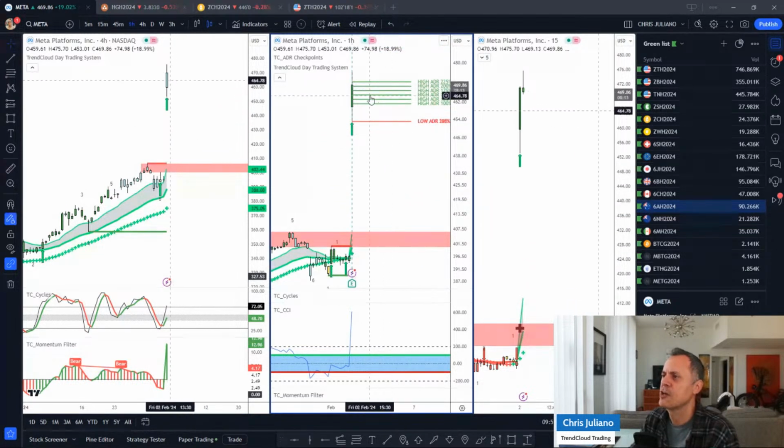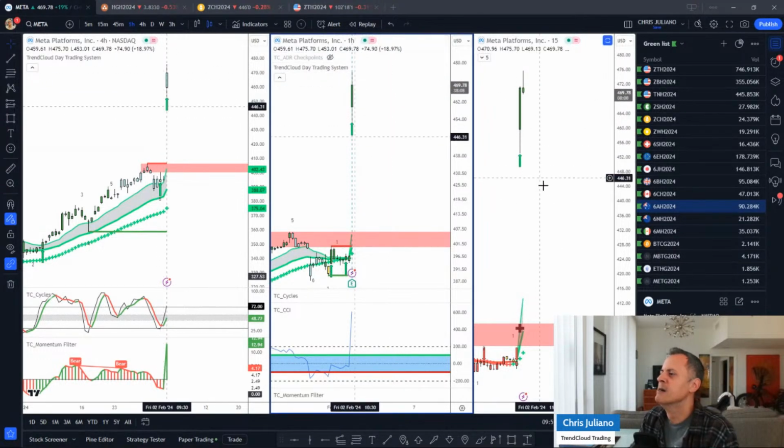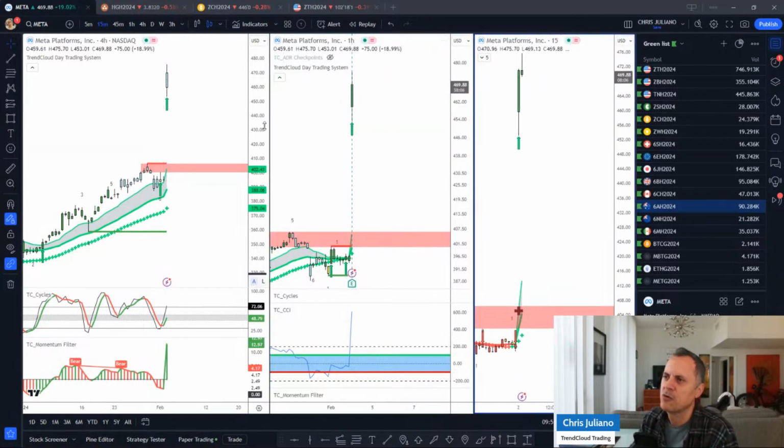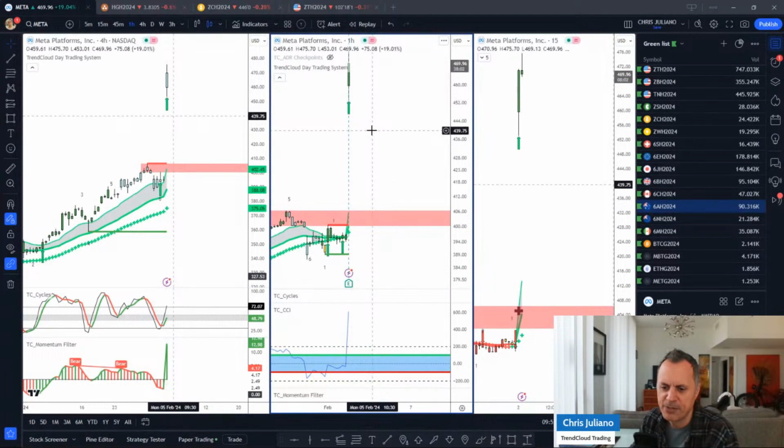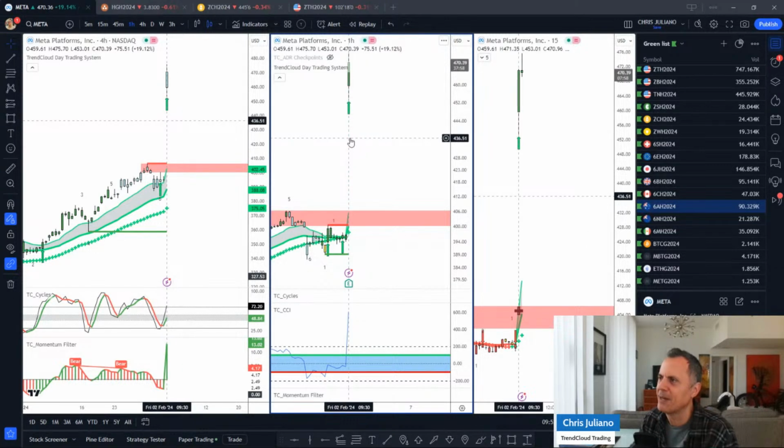Look at that ADR checkpoint. It just broke through all of that. So this is a parabolic movement, right? What usually happens in this type of situation? A super gap, yeah. Gap fills, right?